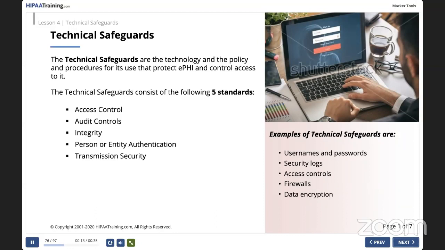The technical safeguards consist of the following 5 standards: access control, audit controls, integrity, person or entity authentication, transmission security. Examples of technical safeguards are usernames and passwords, security logs, access controls, firewalls, data encryption.